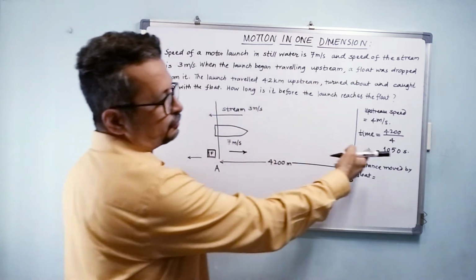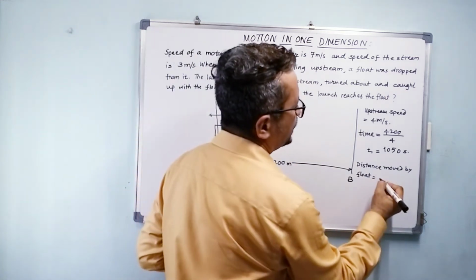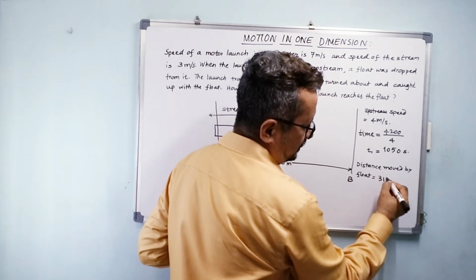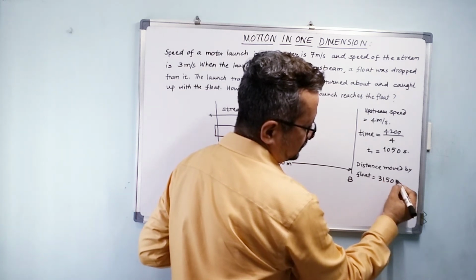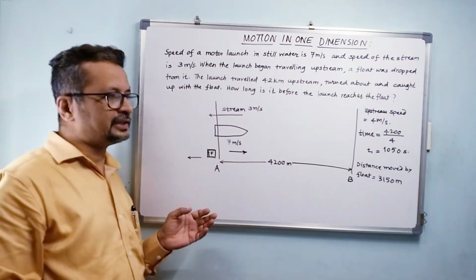How much is the time? 1050 into 3, correct? So that would be 3150 meter, correct?